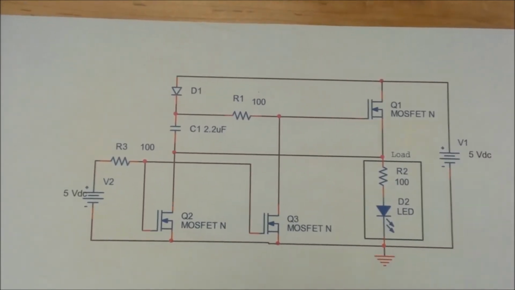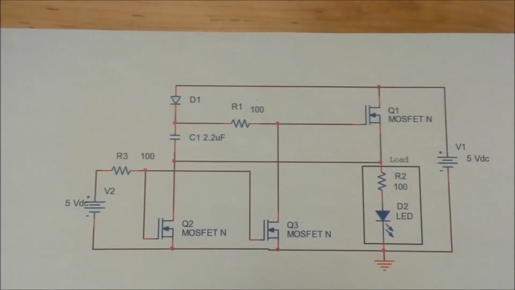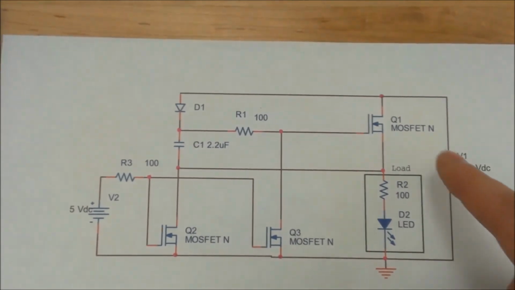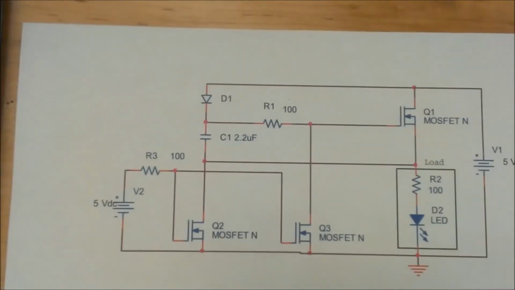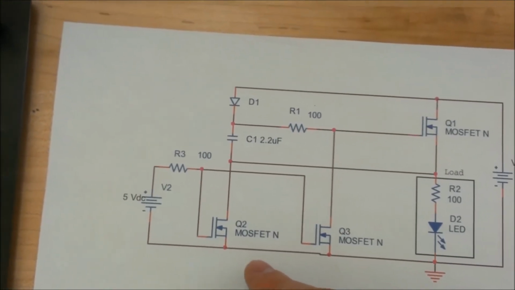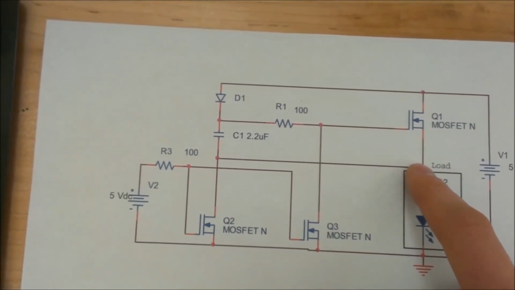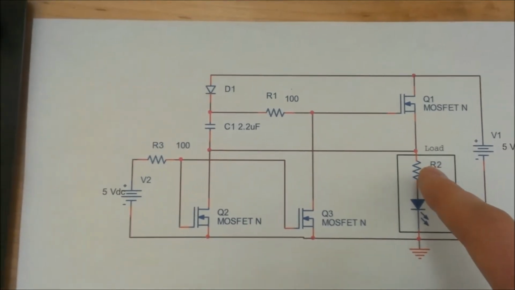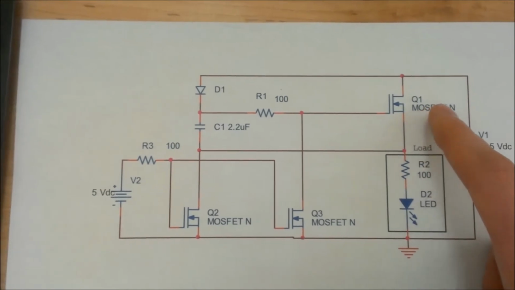MOSFETs 2 and 3 are NPN MOSFETs, they're normally open. So without any control signal, Q1 will always be on. However, when the control signal V2 is turned on, both MOSFETs close and the source and gate voltages both become 0, turning Q1 off.